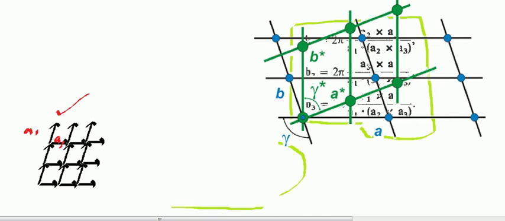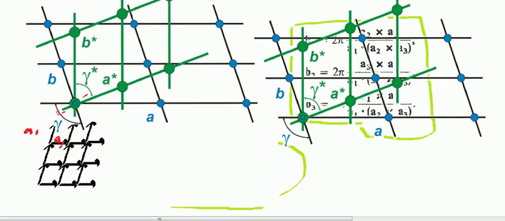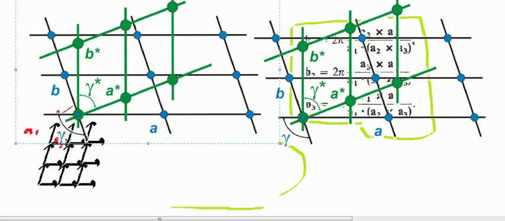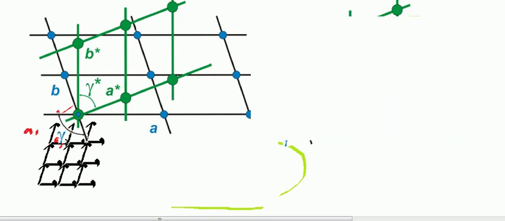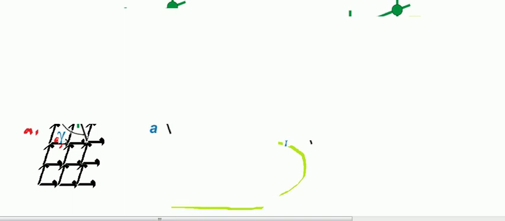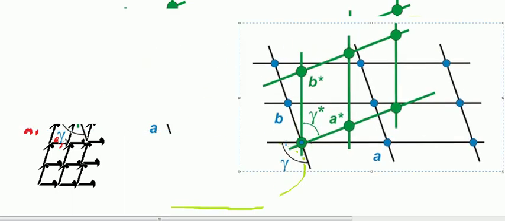Look at the diagram. What do you see from the diagram? If you look at the diagram closely, let me draw it in another better place. If you look at the diagram closely, you find something very interesting.